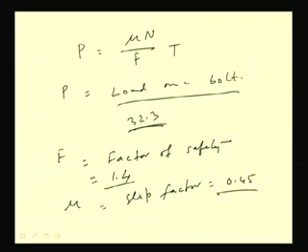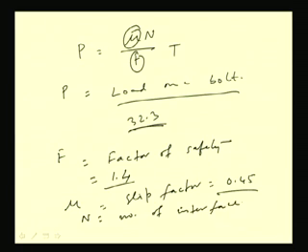So, mu we know, F we know. Now, n is the number of interface, and this will be 1. In this case the number of interface is only 1.